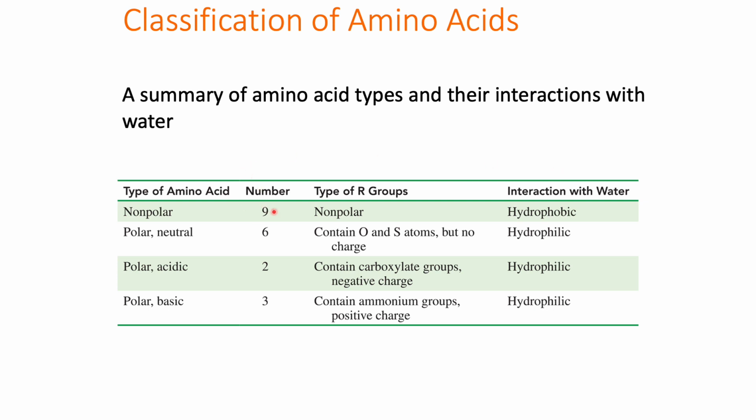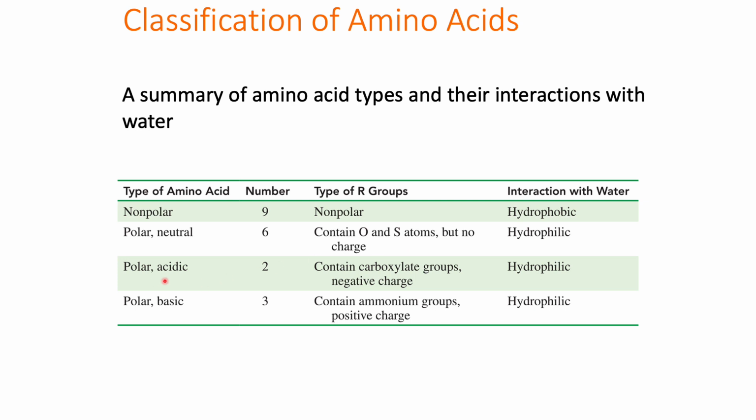So there are 9 amino acids that are non-polar in nature. They are also hydrophobic, that is, they're water repellent. They consist of non-polar groups like aromatic groups. And there are 6 polar neutral amino acids, which means they are hydrophilic, but they are chargeless. They are just neutral in charge. So in their R group, they contain O and S atoms.